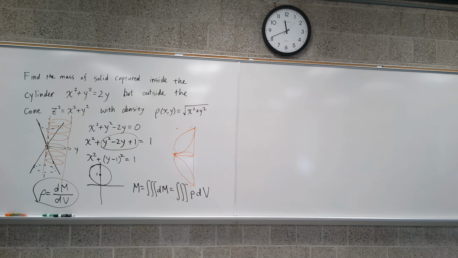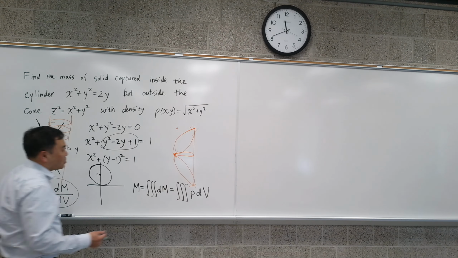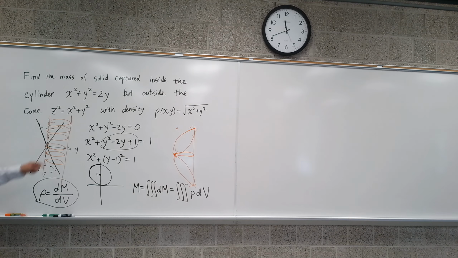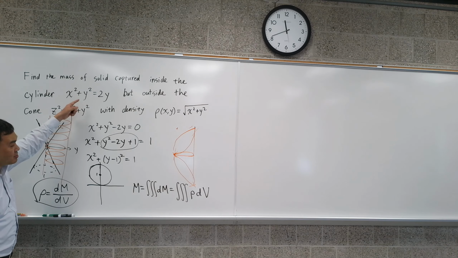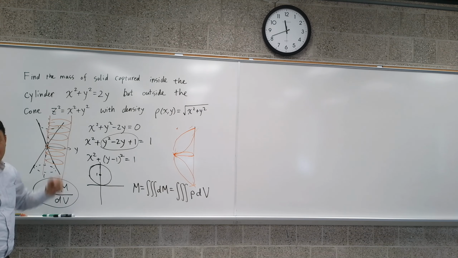Right off the bat, you should recognize that this is a bit tough if you try to do it using rectangular coordinates, because you have to describe this curve, which is, if you try to solve this for x or y, it's not so pleasant doing this, right?